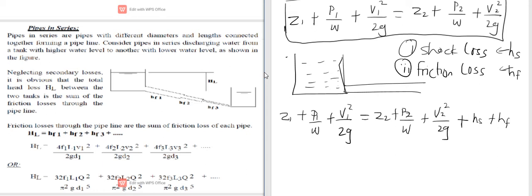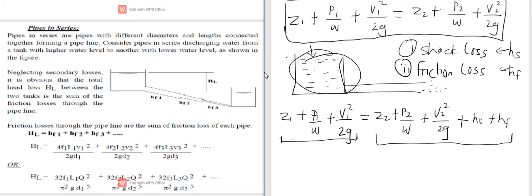I'm sorry for not explaining this earlier. This first part of the equation and this second part of the equation relate the pressure or the energy between this free surface and this place where the pipe is pouring out. So this first part is this place and this second part is this place.